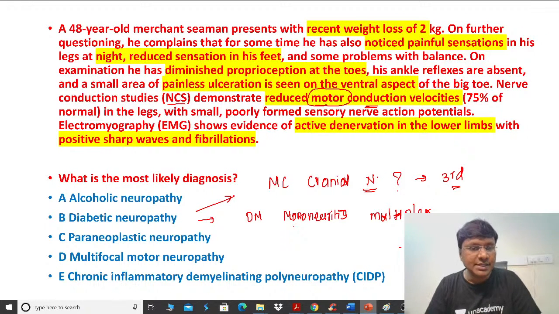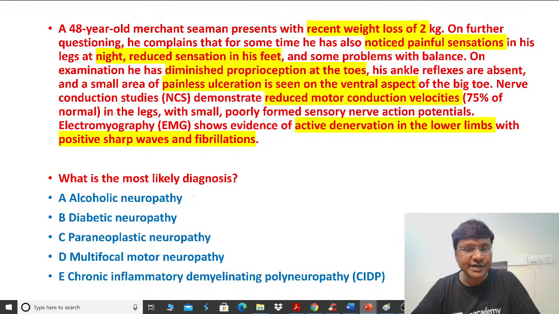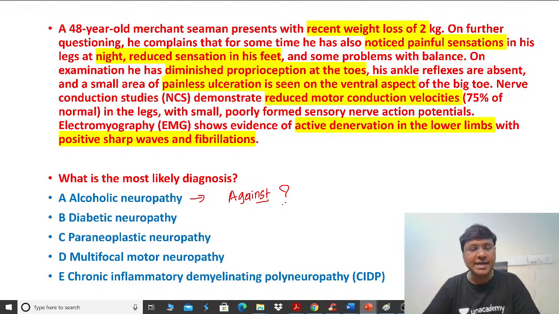Okay, next. Now coming to alcoholic neuropathy. Please tell me, what are the points which are against alcoholic neuropathy? Any one of you, please? Right, let me tell you.